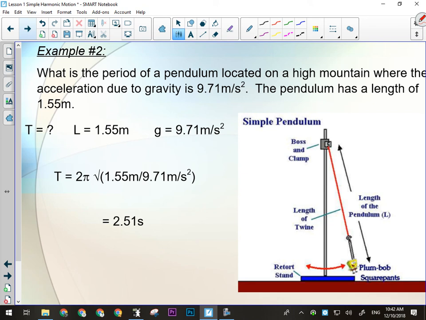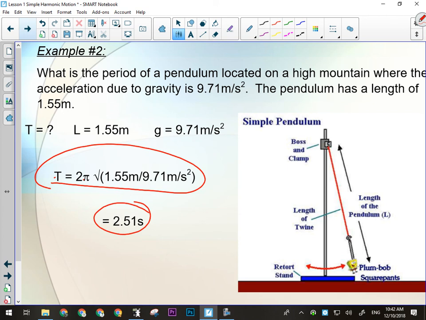We would take the length and gravity and plug them into the formula: T equals 2 pi times the square root of 1.55 divided by 9.71, and we get that the period of that pendulum is 2.51 seconds.